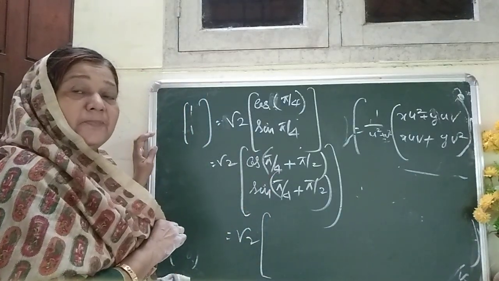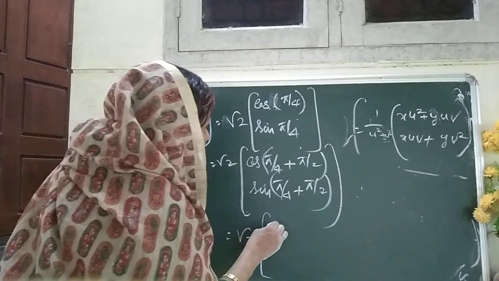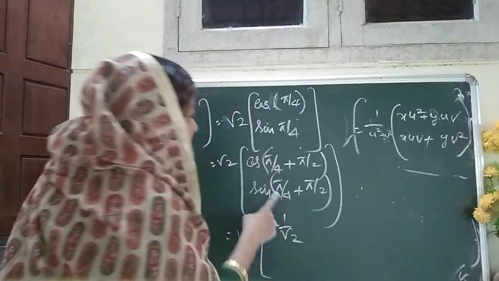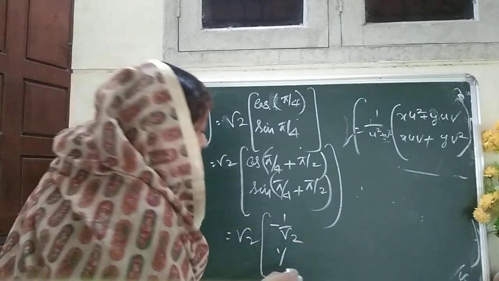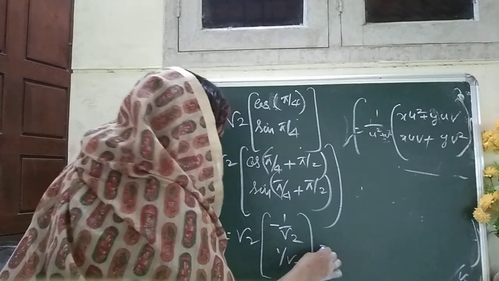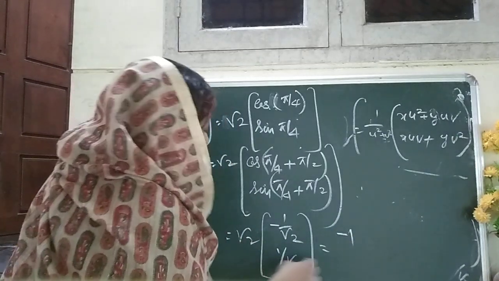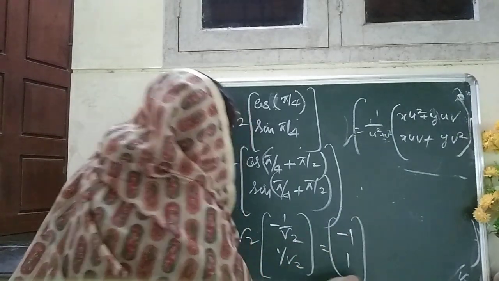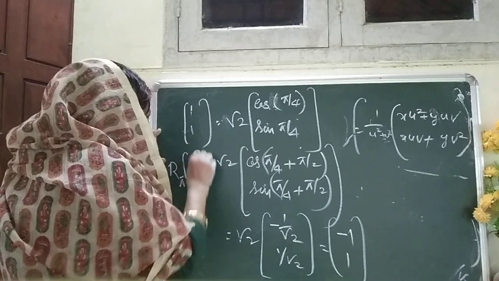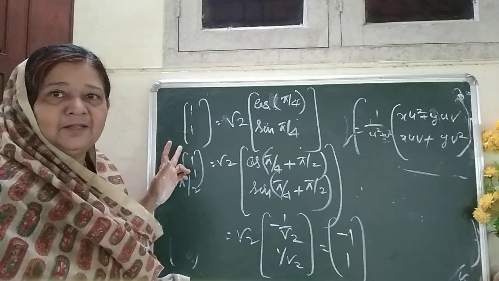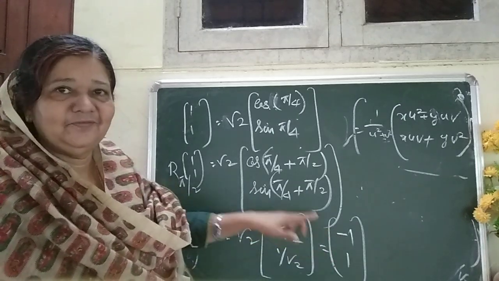We know cos(pi by 2 plus theta) is in the second quadrant, therefore it is minus 1 by root 2. Similarly, sin is 1 by root 2, since in the second quadrant the sign of sine is positive. So the value changes to root 2 into (minus 1 by root 2, 1 by root 2), that is (minus 1, 1). Therefore, rotating the vector (1, 1) through pi by 2, we get (minus 1, 1).